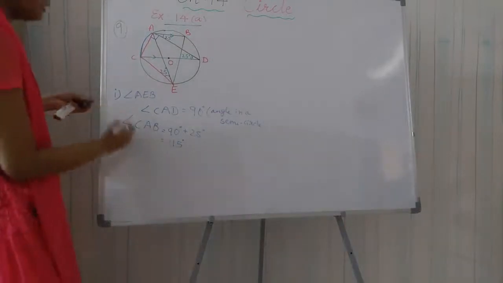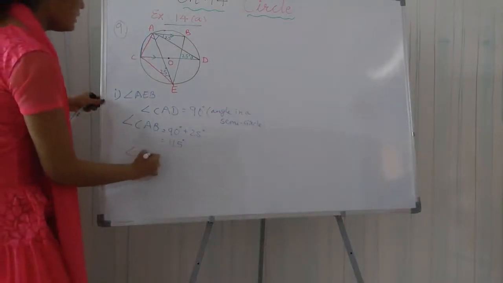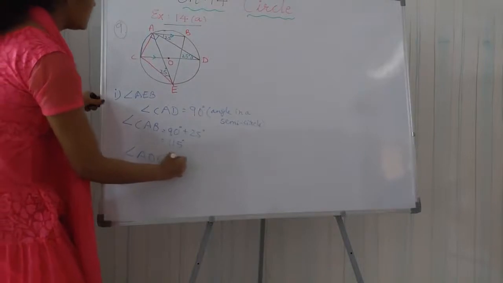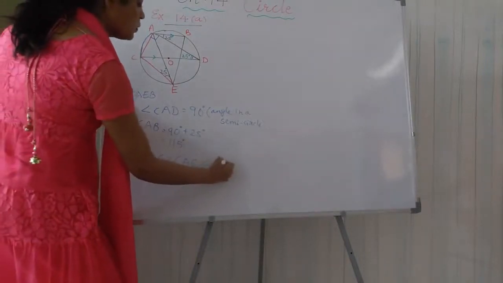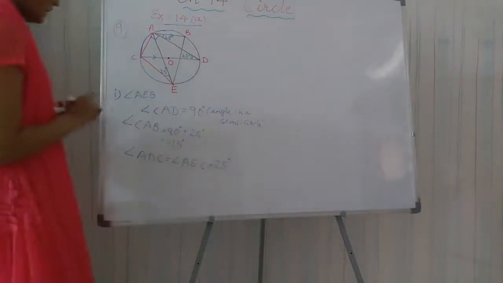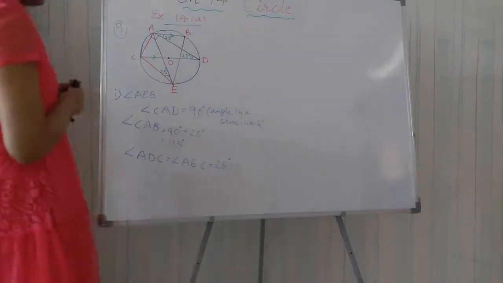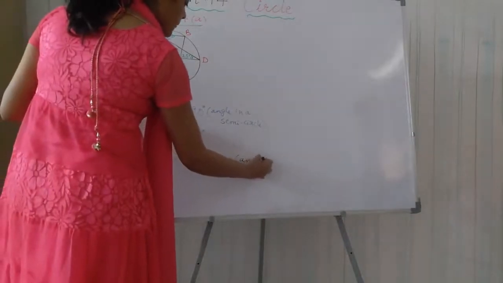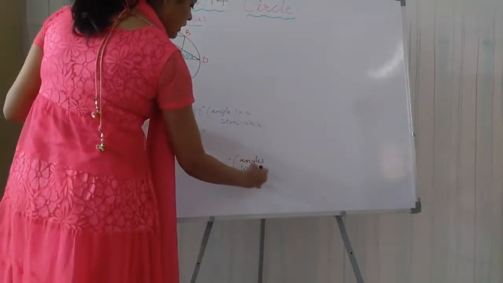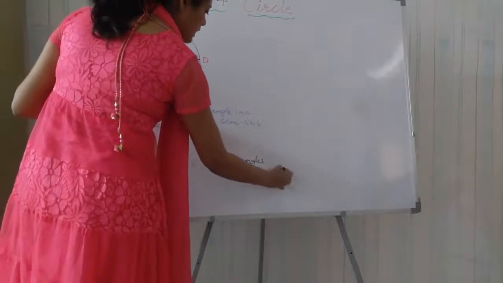So I am writing here angle ABC is equal to angle AEC is equal to 25 degrees. The reason is that angles lie on arc AC.